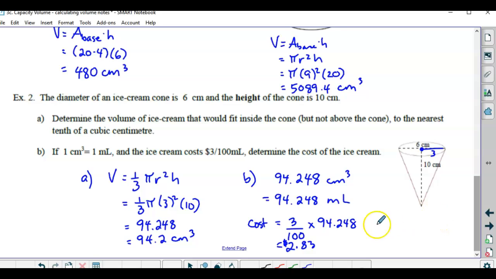Okay, so that is volume of some different shapes. For the prism, we didn't do any with different bases, we just did rectangular. Square would be very similar. You'd have to calculate the area of the base, if it was a triangle, using the triangle formula.